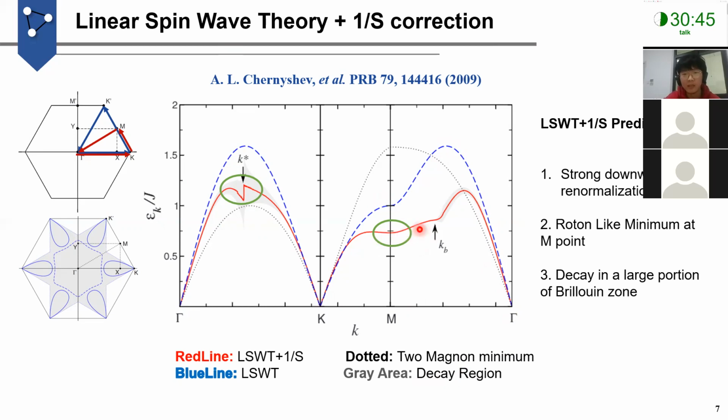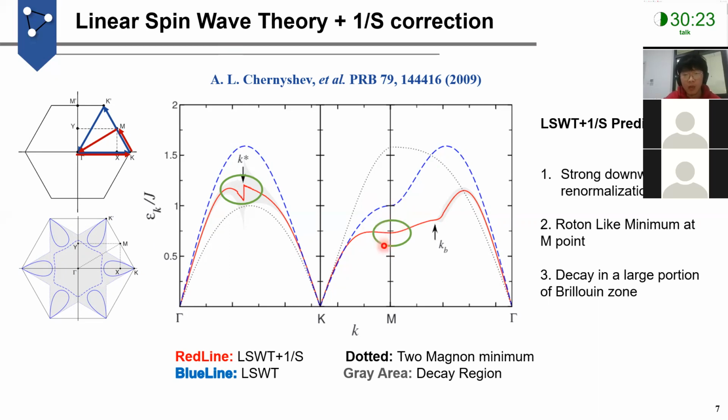You clearly see that the 1/S correction successfully explains the large downward magnon branch compared with the linear spin wave. And it also predicts there is a local roton-like minimum at the endpoint, while the linear spin wave theory predicts this will be a saddle point.